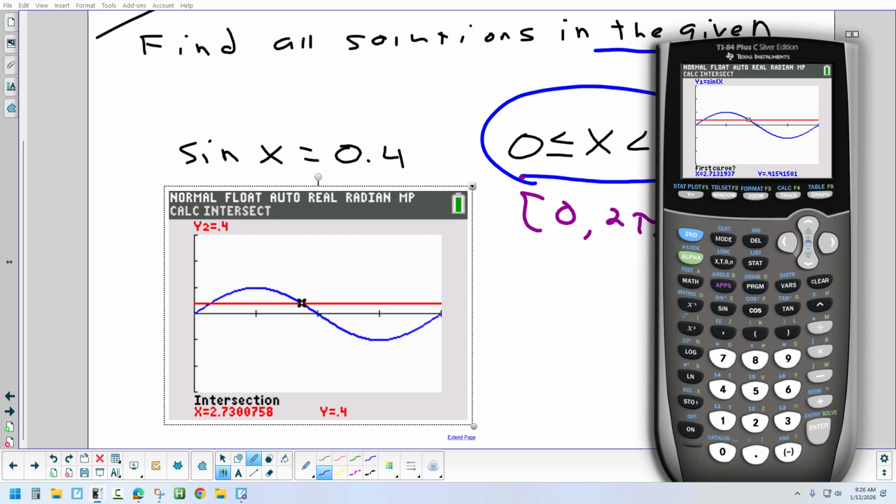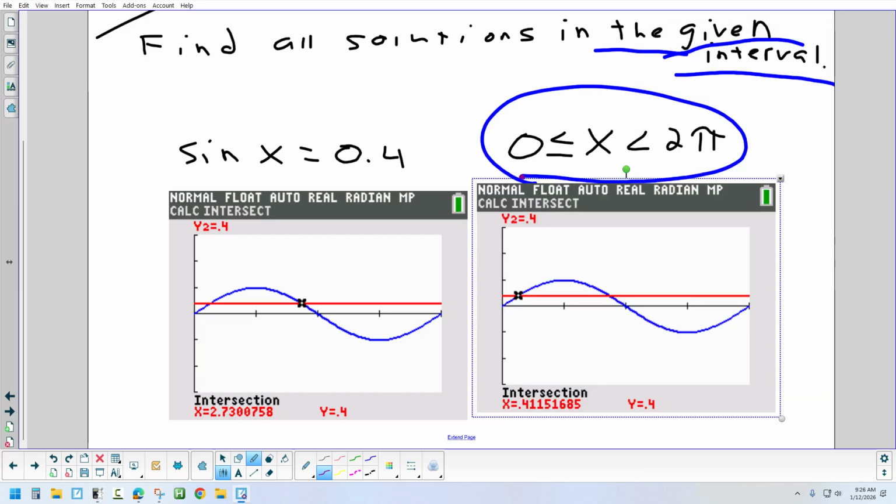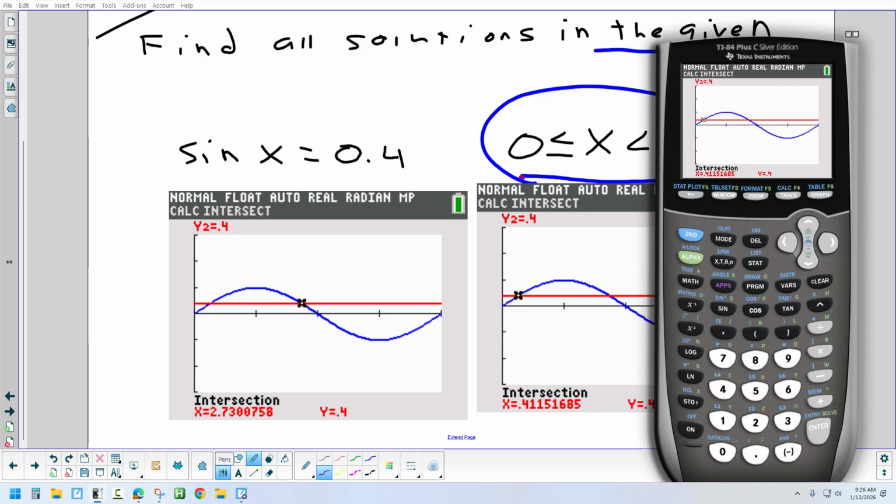Yeah. Use the arrow keys to bring yourself closer to the leftmost point. Right. I got to get a little bit closer. As long as I'm beyond halfway closer, that should be fine. And I get 0.4115165, and that's the other one that I had right there.